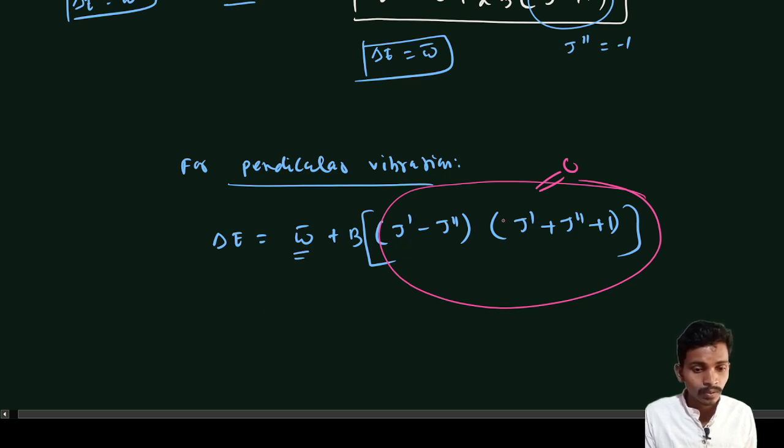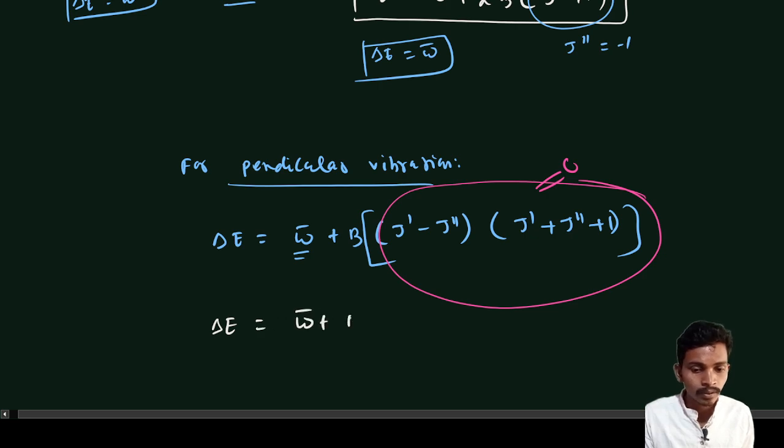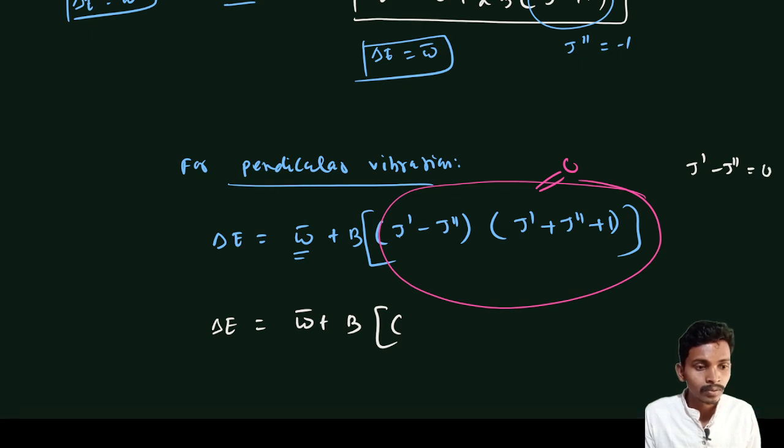So to get this value 0, delta E equal to omega plus B times (J dash minus J double dash), and this must equal 0. That is possible if J dash equal to 1 and J double dash is equal to 1.